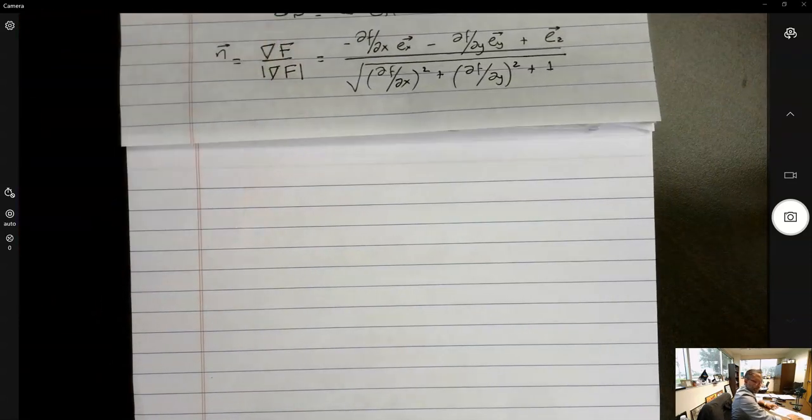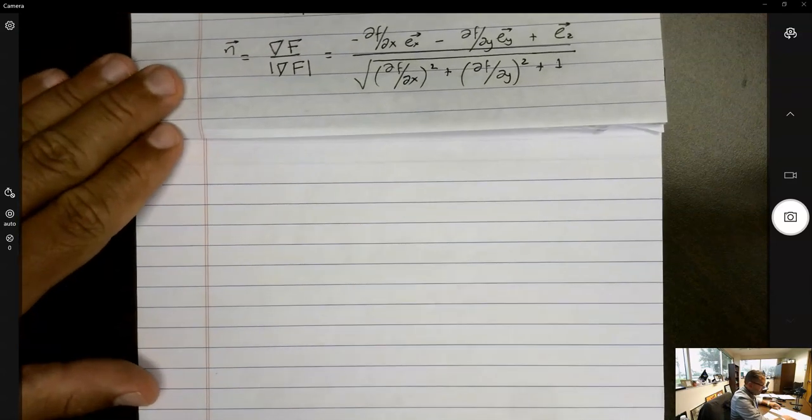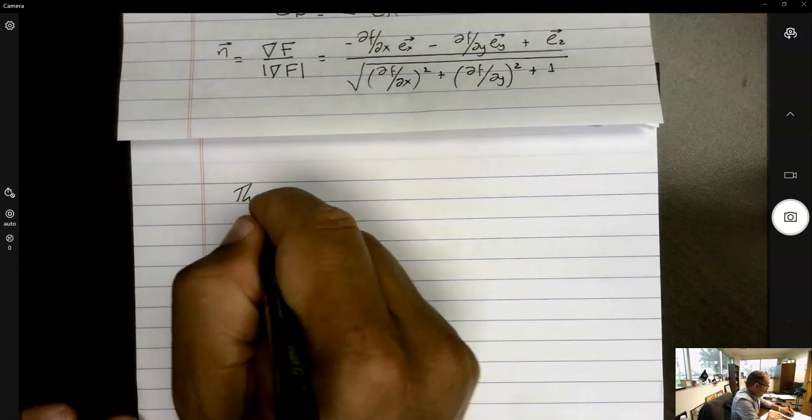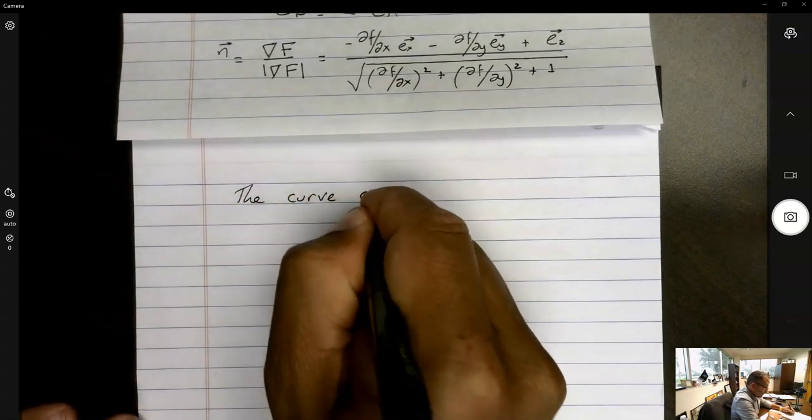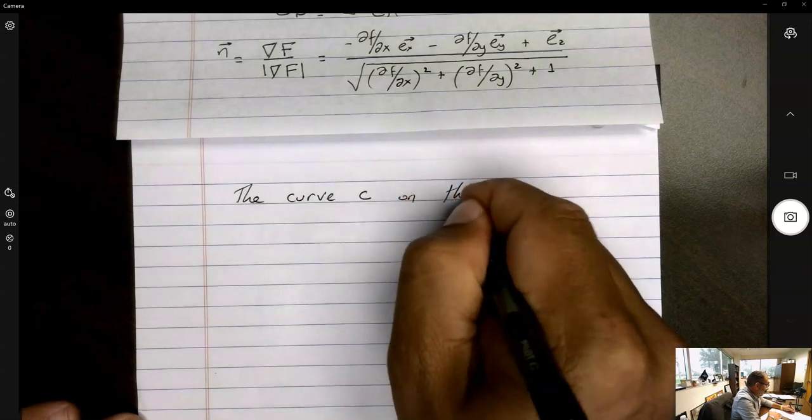Alright, so what else do we need in that integral? Well, on the right-hand side, we need to parameterize the curve C on the xy plane.